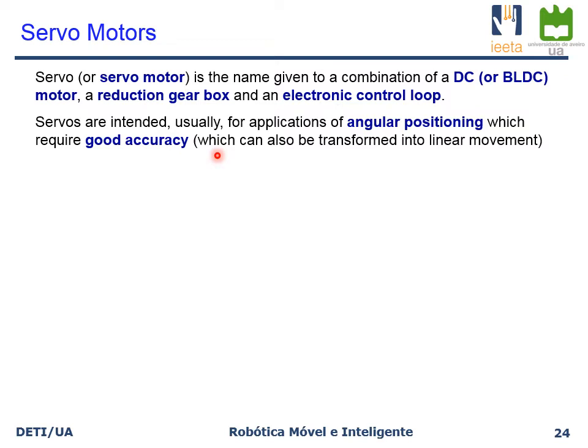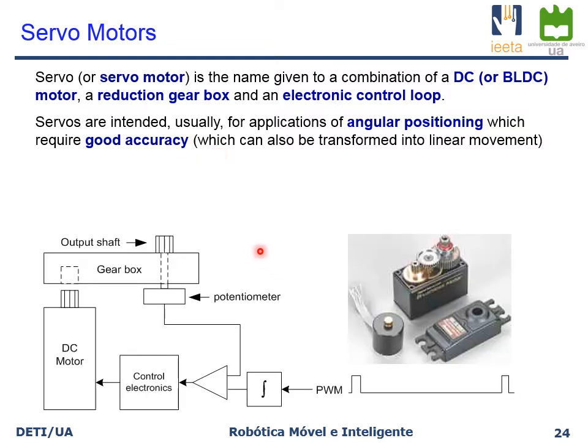Here you can see a very simple and low-cost servo, where you can see the gearbox that acts as a reductor. This is an example of the motor that can be inside, and this is a basic schematic of a servo like this. So basically you have a DC motor. This DC motor drives a gearbox that reduces the rotating speed of the motor.